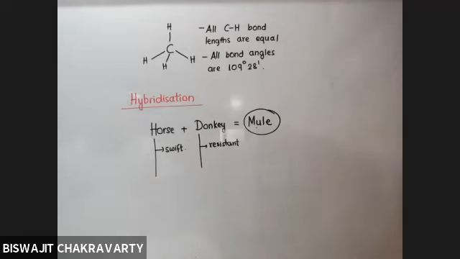According to simple valence bond theory, we expected the methane structure to be different, but reality is something different from what is expected. So to explain such shapes, the concept of hybridization has been introduced. Why are all the carbon hydrogen bond lengths in methane found to be equal? Why are the bond angles 109 degrees 28 minutes and all equal, though the expected values were something different? That we will discuss under hybridization.